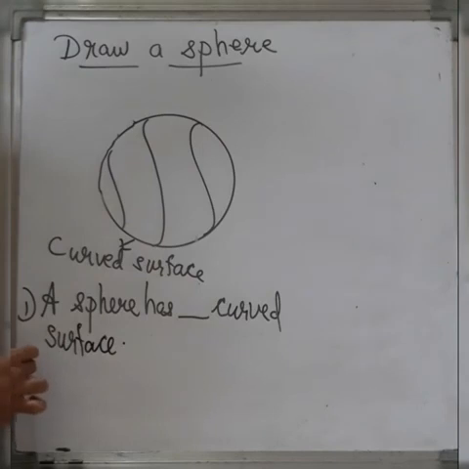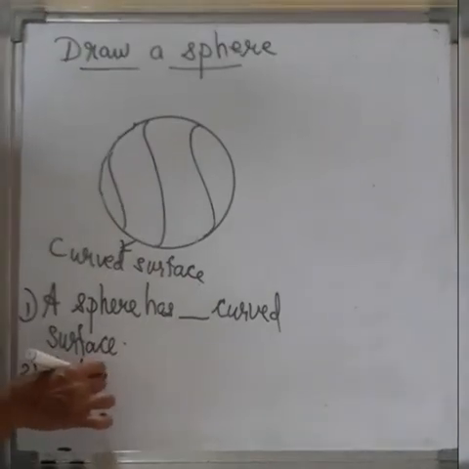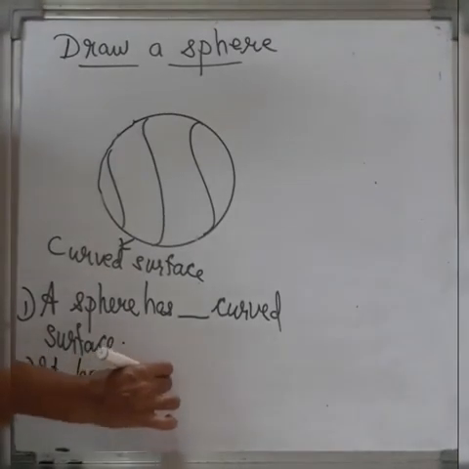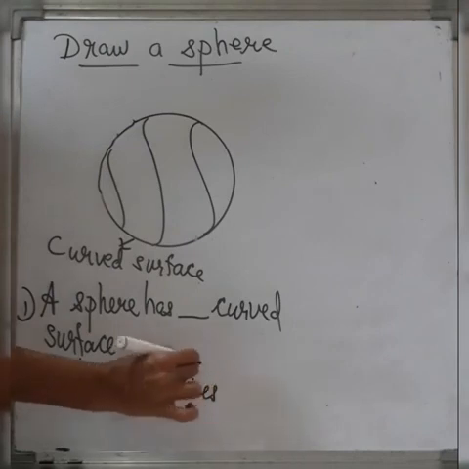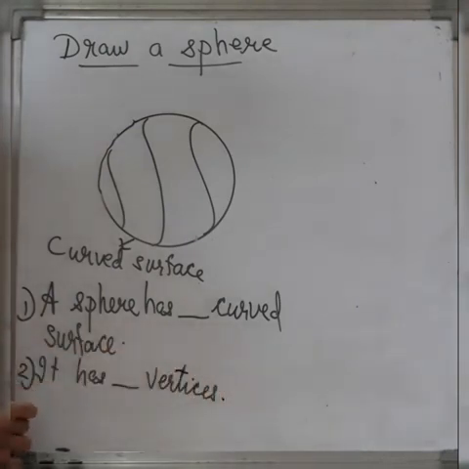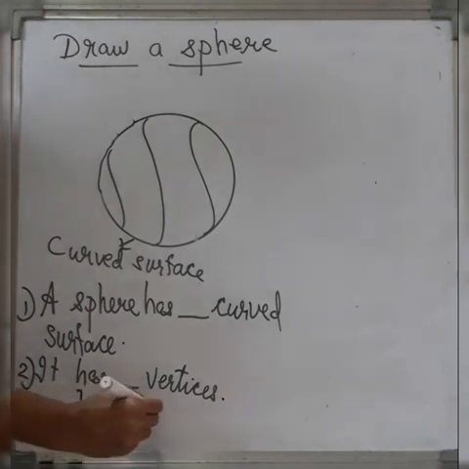Second question is, it has dash vertices. Third question is, it has dash edges.